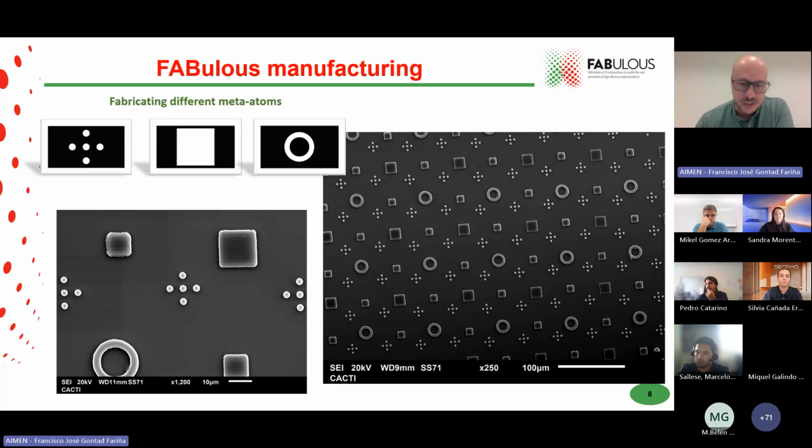So this means that with this approach, we can fabricate the metasurfaces with a higher throughput, with a very good resolution, with a very good repeatability, which is a very nice result for the industrialization of this technique.